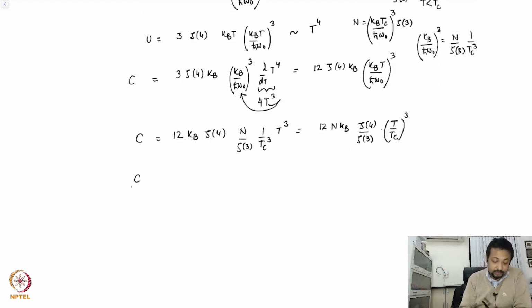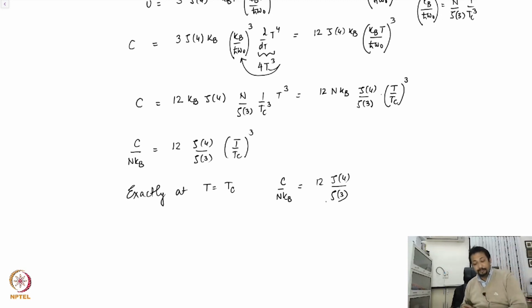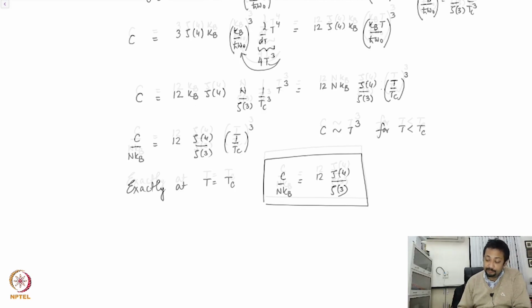So that C over N kB is going to be 12 zeta 4 over zeta 3 times T over Tc whole cube, and exactly at T equal to Tc, the specific heat is given by 12 zeta 4 over zeta 3. The specific heat for T less than Tc would scale as T cube.